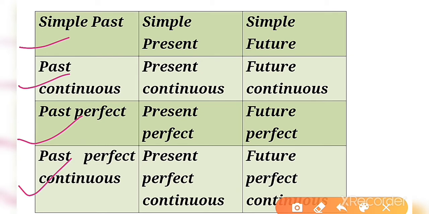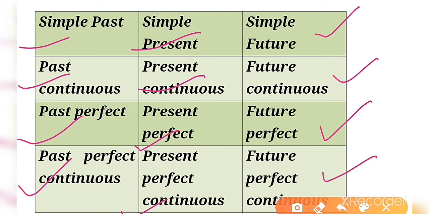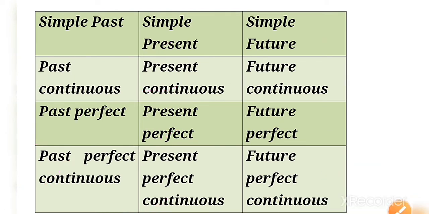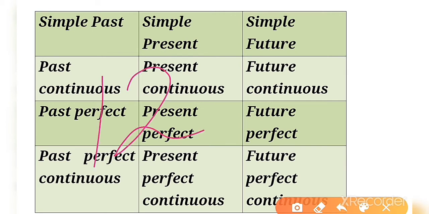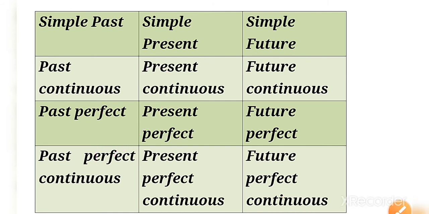Again, simple present, present continuous, present perfect, and present perfect continuous. Again, simple future, future continuous, future perfect, and future perfect continuous. So in this way we have these 12 forms, and the verb can be used in these different tenses.